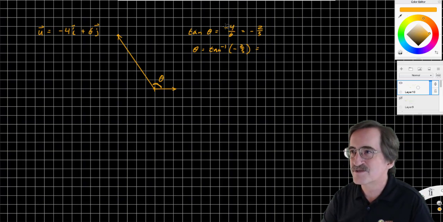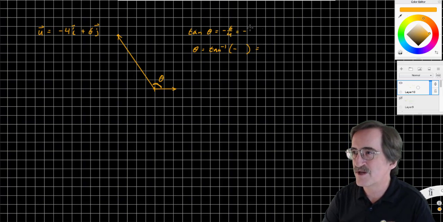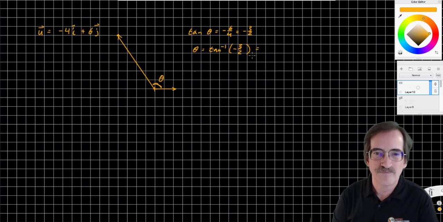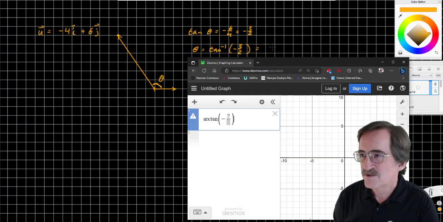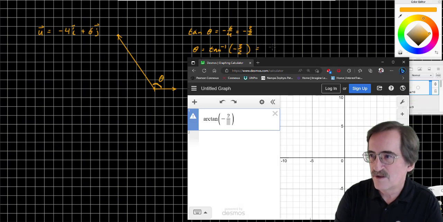So it's 6 over 4, because it's y over x. Negative 6 over 4, which is negative 3 over 2. I just realized that as I was getting an answer that didn't make sense. So negative 3 halves. There we go. Y over x.